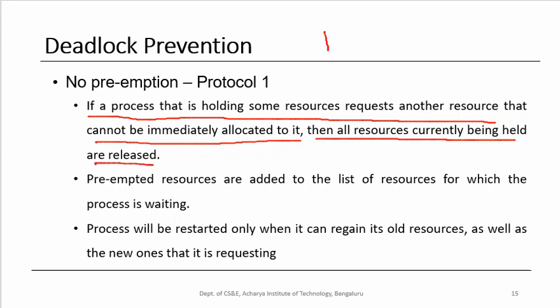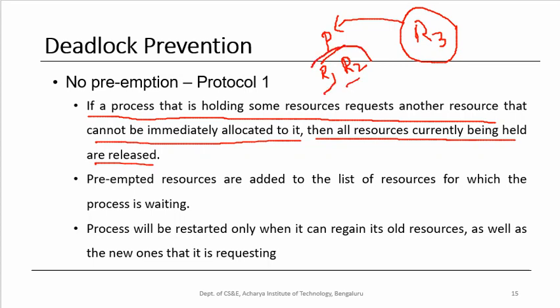That is, for example, let's say process P is holding resources R1 and R2 and making the request for R3. Now if for some reason R3 is not allocated to process P, then process P can release R1 and R2.